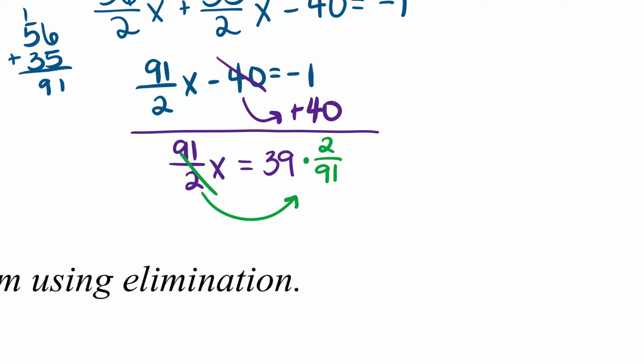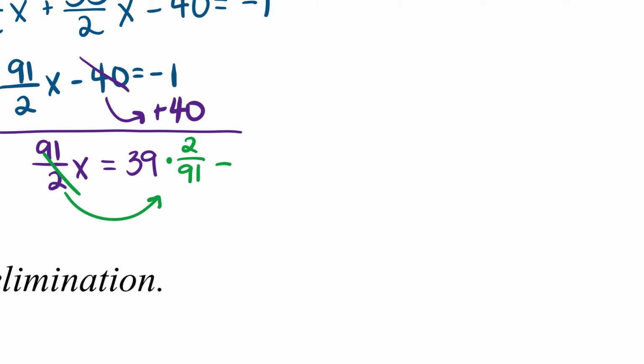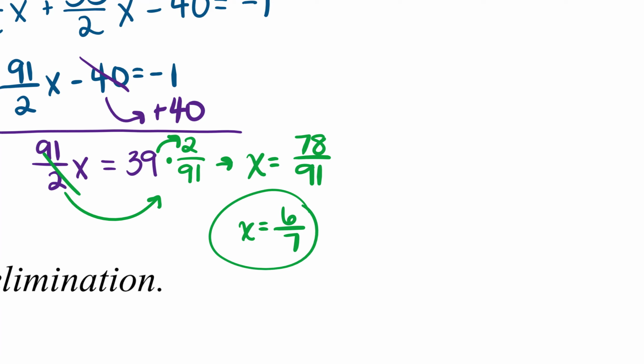Okay, and just to keep going on here, so I have x equals 39 times 2 is 78. And then 78 over 91 reduces to 6 over 7. 13 goes into both of those. So yeah, we got x.